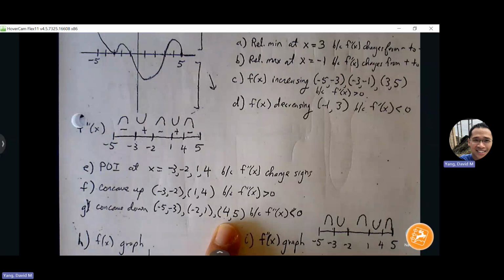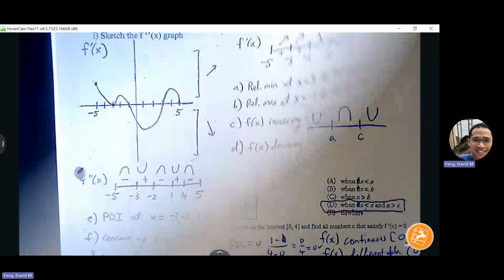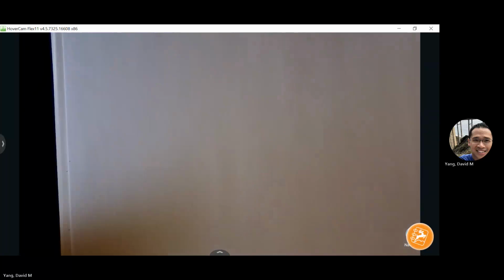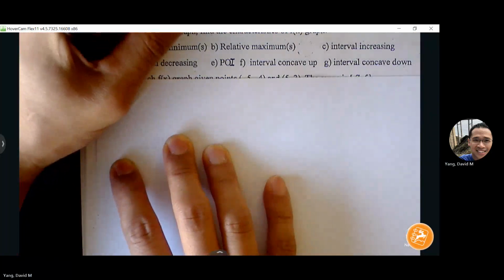Second derivative test. So if I give you a second derivative test problem, it'll look like this.